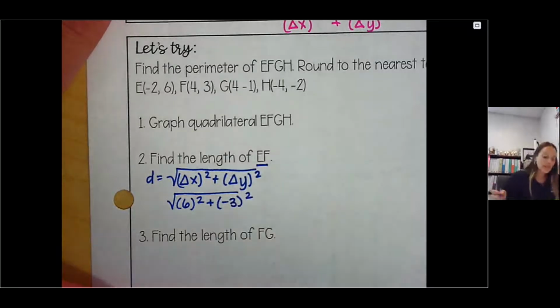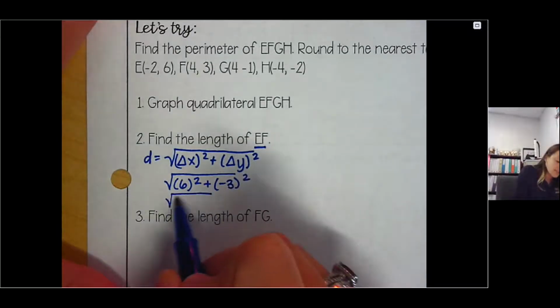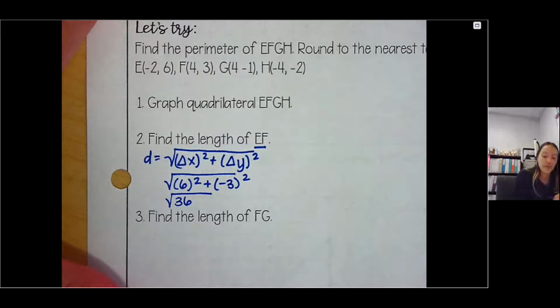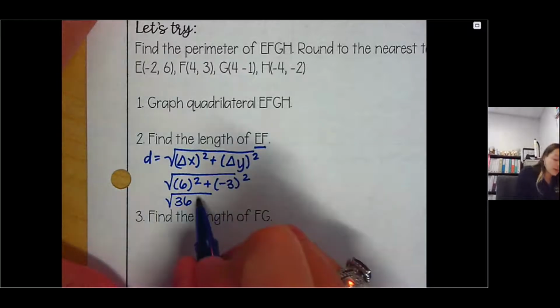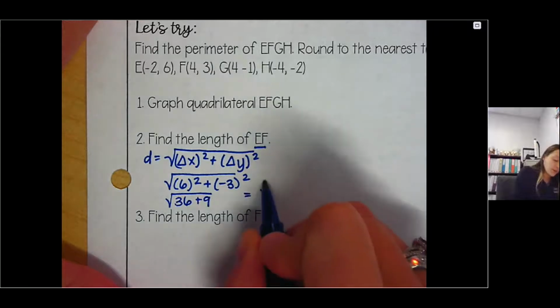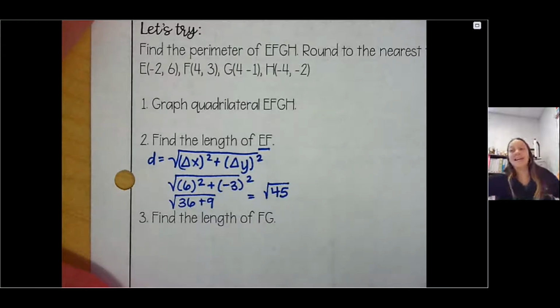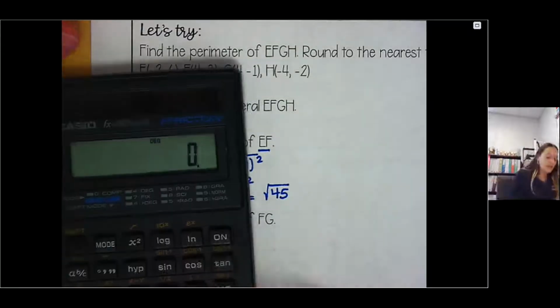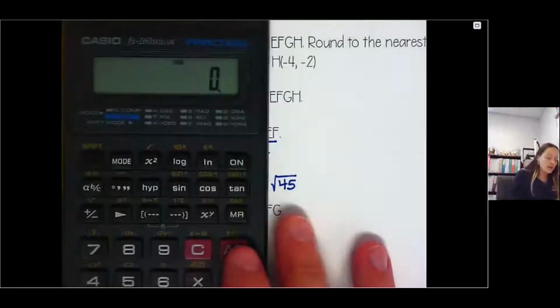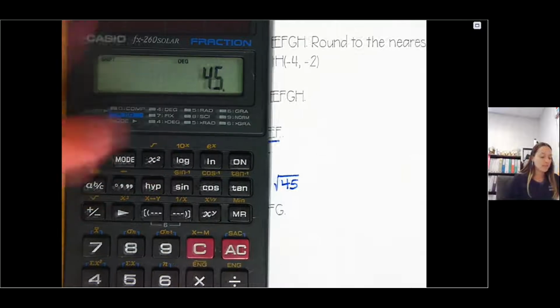Now that I've got my differences, 6 squared gives me 36. And then -3 squared means -3 times -3, that's a +9. When I add those two together, I get the square root of 45. Then I'm going to put it into my calculator to get an approximate length. You push 45, and then to get the square root symbol, you push shift and then x squared.